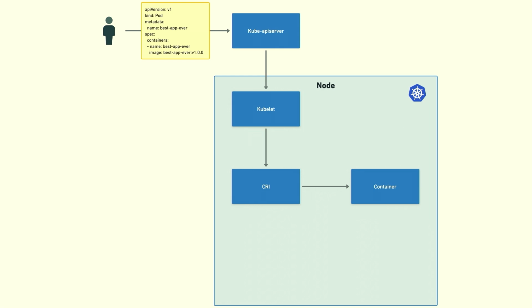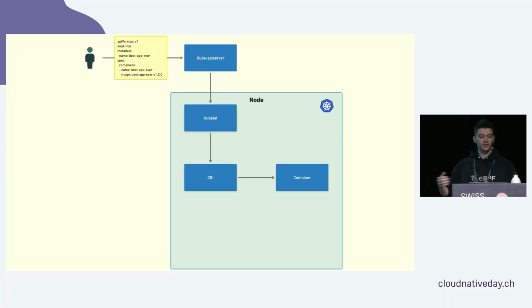The kubelet is just a running agent that runs on each and every node in the cluster, regardless of it being a worker or a control plane node. The kubelet actually does not create those containers for you. It is basically just handing on and managing these things and passing it on further.